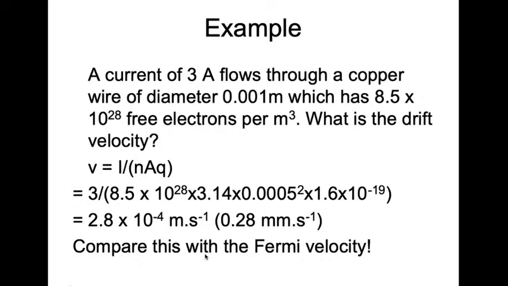Here's an example. We have I here, current. We know the diameter, so we're going to need to use the diameter to find the area, but we're going to want to convert that to radius.